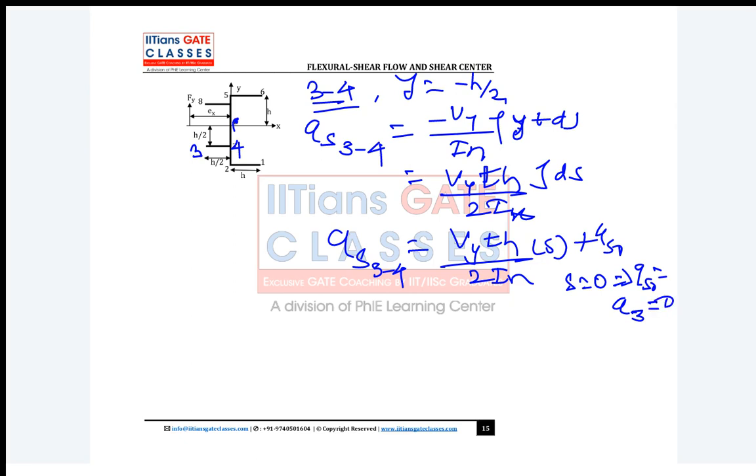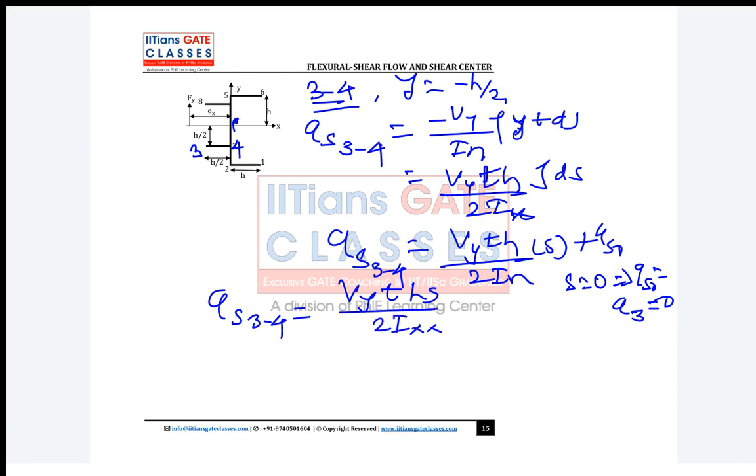So the variation Q_s 3 to 4 is Vy t h s by 2 Ix.